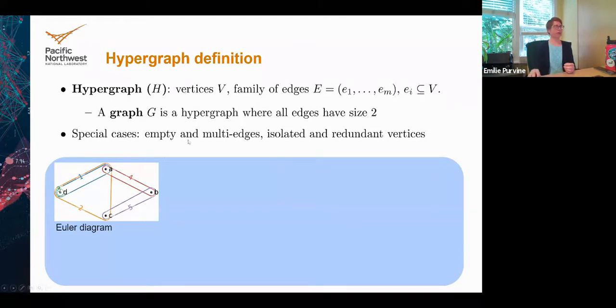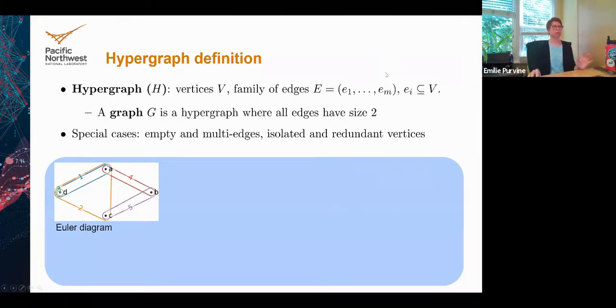So a hypergraph is formally a set of vertices and a family of edges, and we use family because we don't want to say set of edges, because multi-edges are seen. In a co-authorship or collaboration network, two papers might be written by the exact same group of authors. So we want to allow for those multi-edges. And we don't want to say multi-set because we want each edge to have a unique name.